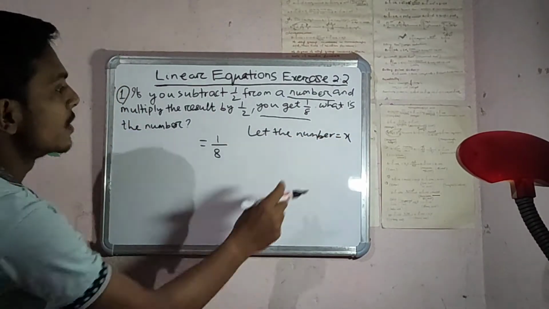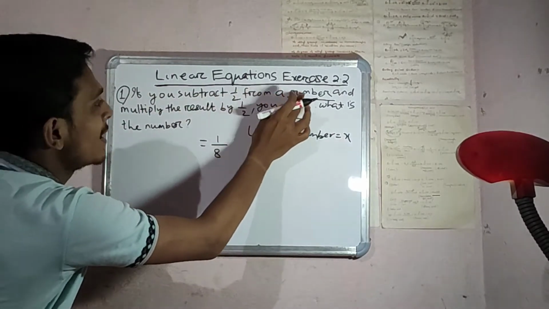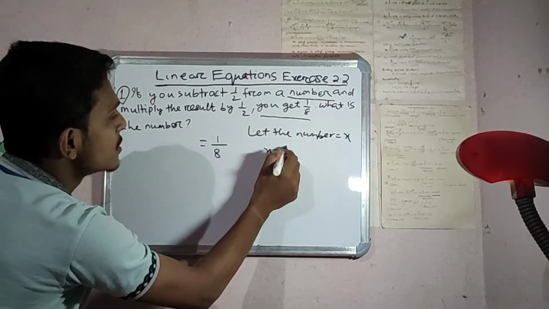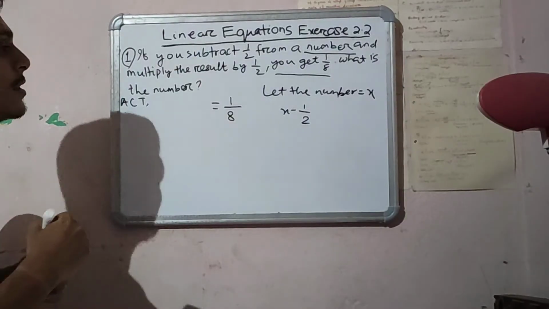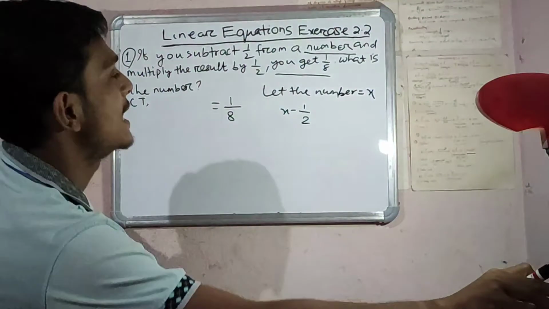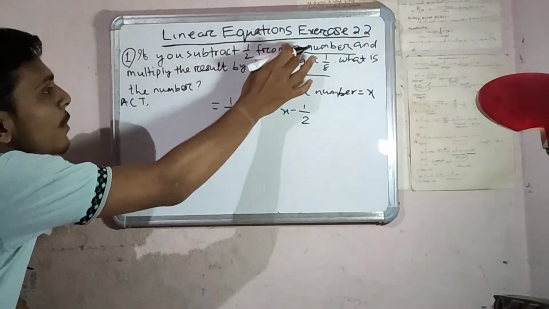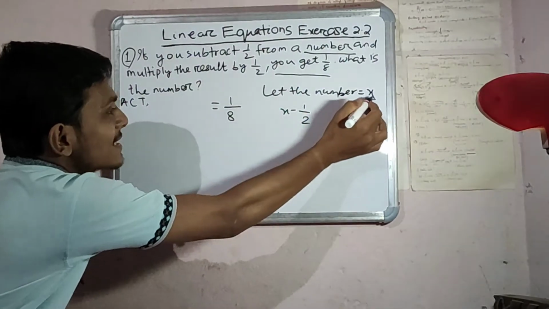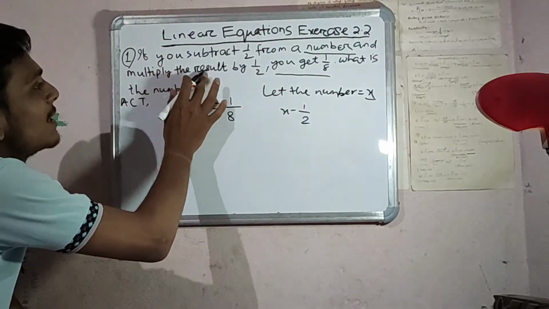Okay. So if the number is x, then 1 by 2 is subtracted from this number according to the question. You subtract 1 by 2 from this number and multiply the result.